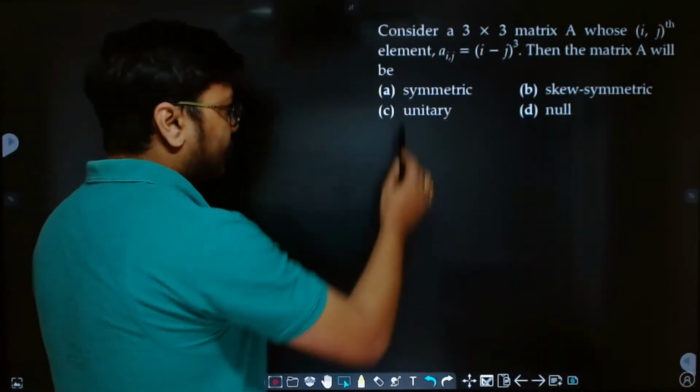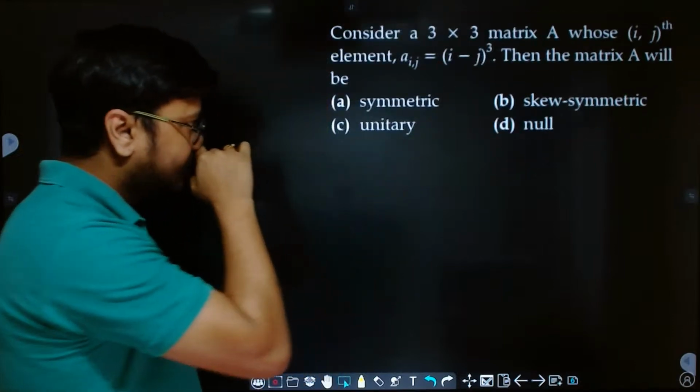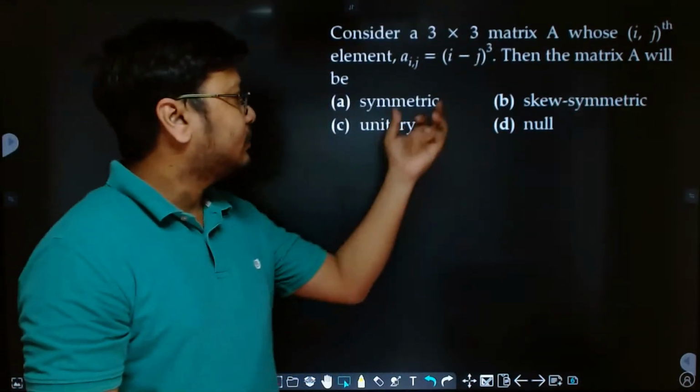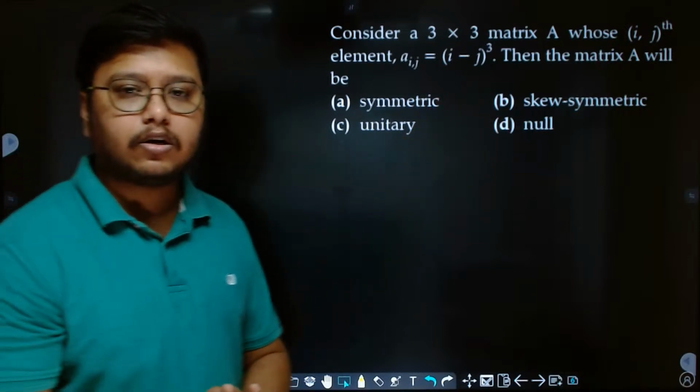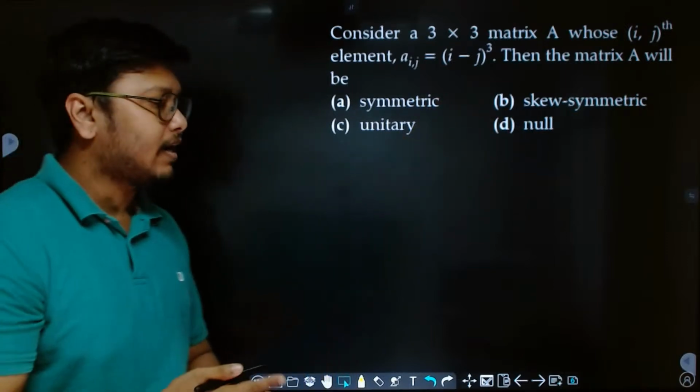Okay, again, I will wait for you people to answer this. Carefully observe how the elements are being generated. From there, you have to conclude your answer. Okay, let's see who can answer this question.